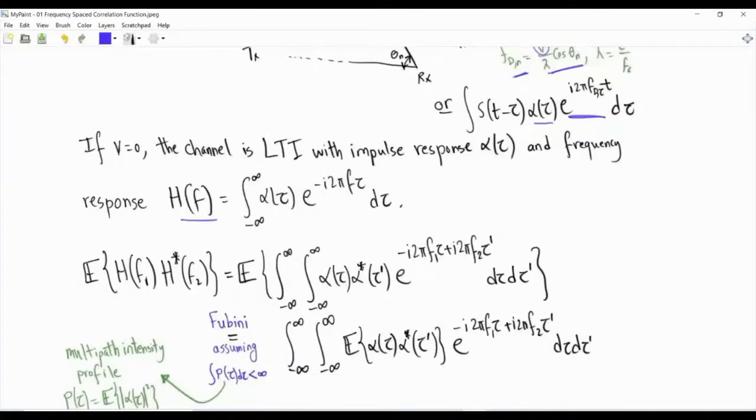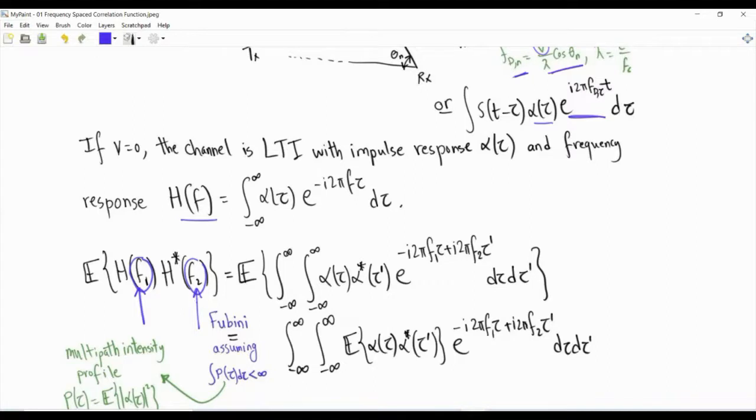And so at the end of the previous lecture, I said that our next task will be the correlation function of h of f1 and h of f2. So basically, we model the channel as a random process, and we are interested in the frequency correlation function between the response of the channel at frequency f1 and the response at frequency f2.